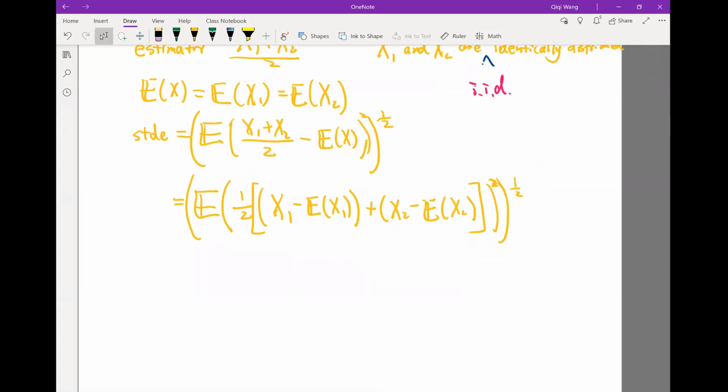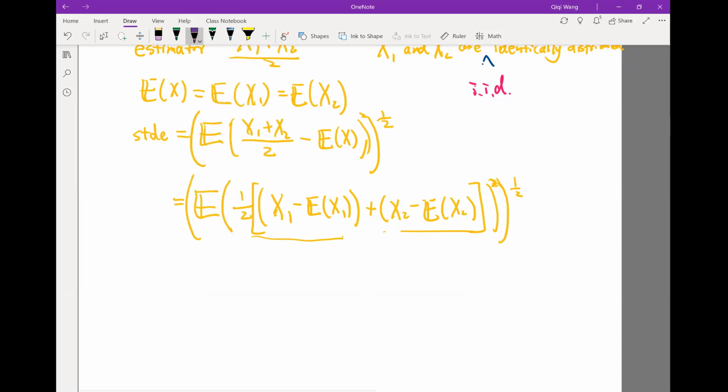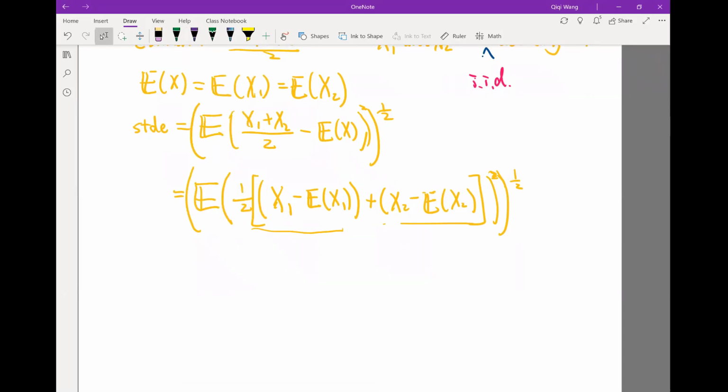Now, this term and this term are independent. In probability theory, there is a very important theorem we should be using.